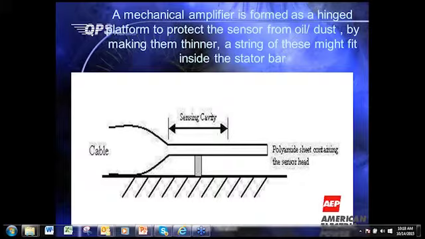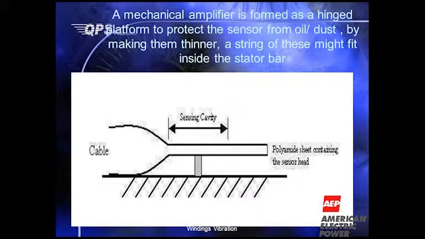So this diving board not only protects the sensor head, it also provides the extra mechanical amplification. As the vibration occurs, let's say in a radial manner, this diving board will be under strain, cyclic strain, relaxation, and tightening. So this is the very action that causes the fringe to move from left to right.